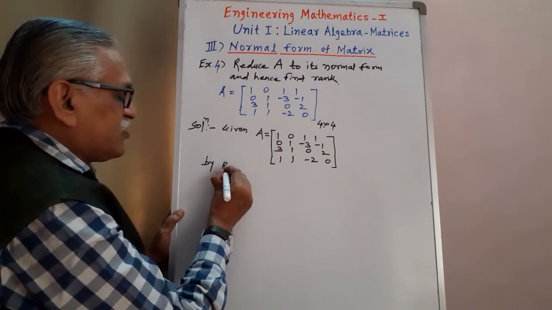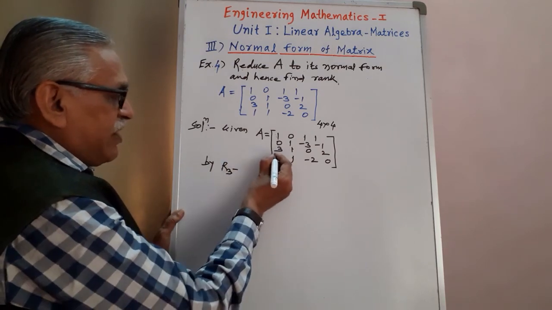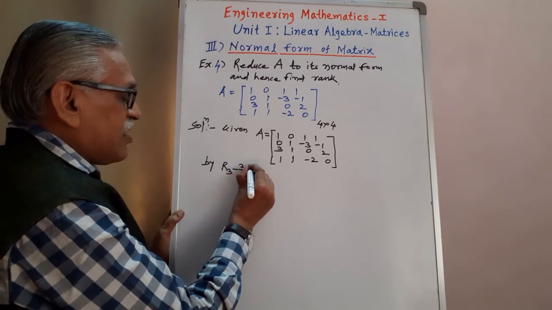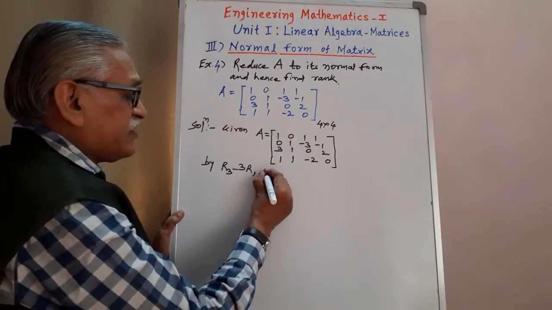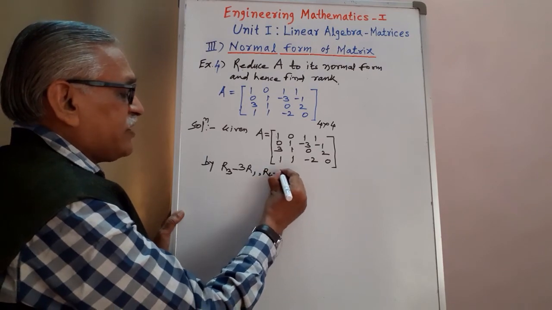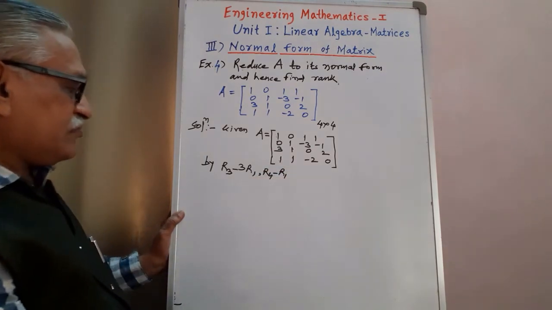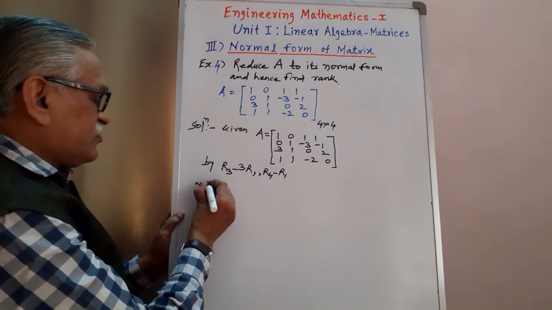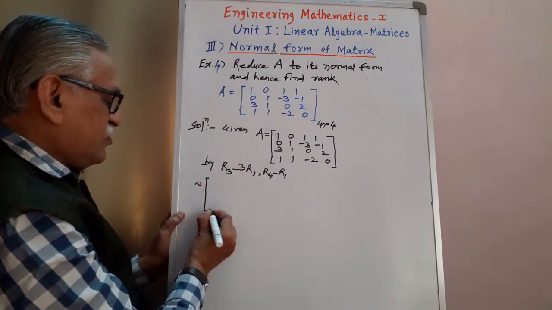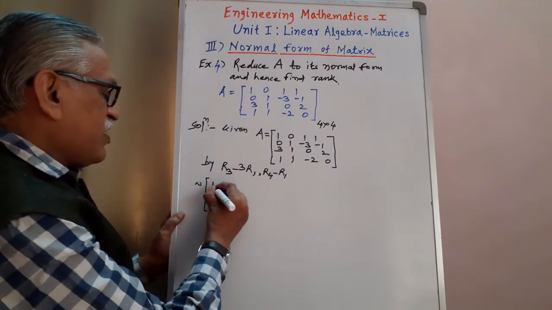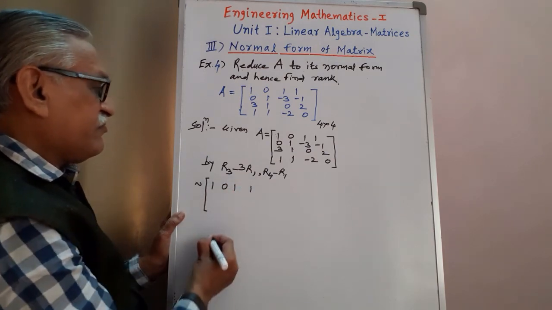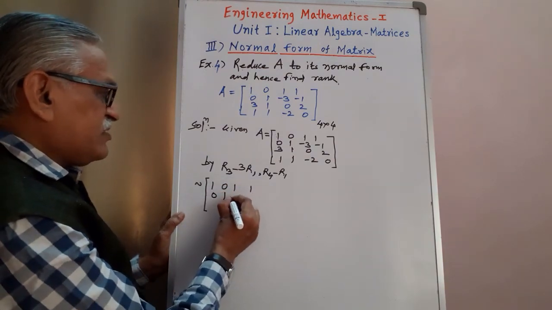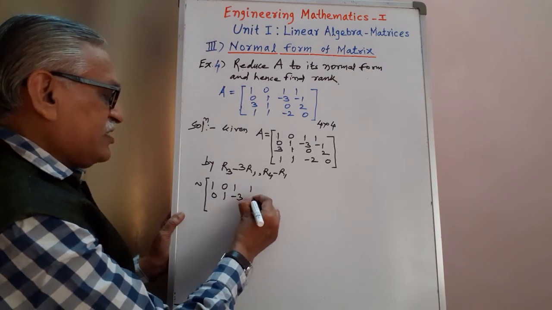It is the third row, therefore R3 minus 3 times R1, 1 minus 1 0, we get R4 minus R1. Therefore, applying these 2, we have 1 0 1 1, 0 1 minus 3 minus 1.